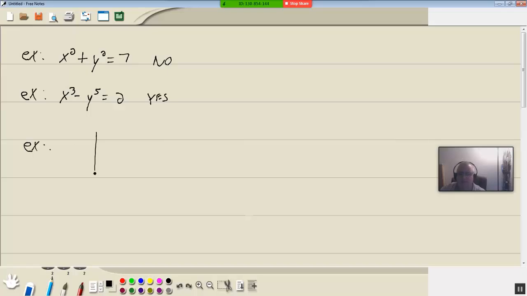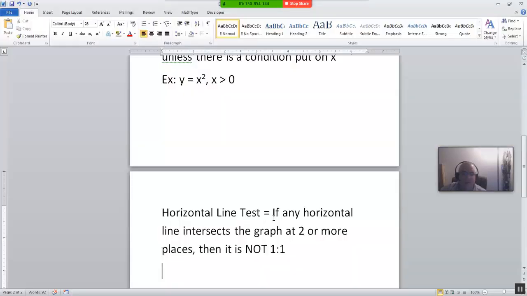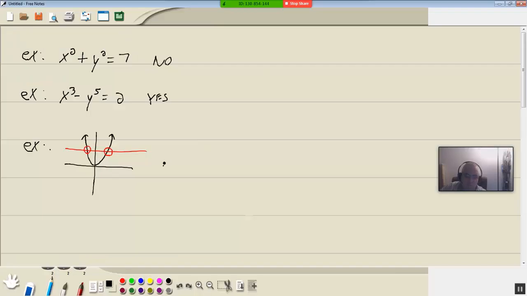An example of this. This is the graph of y is equal to x squared, more or less. If I draw a horizontal line here, you see it intersects at 2 or more places. So this says if it intersects at 2 or more places, it is not one-to-one. So if this was asking if it's one-to-one, then the answer would be no. On the other hand, if I was graphing y is equal to x to the third, it looks like this.